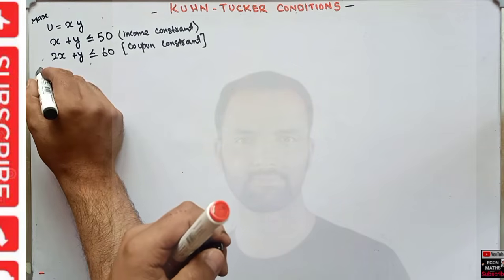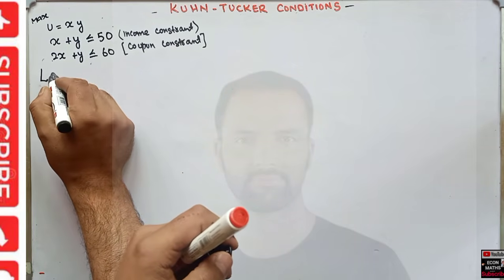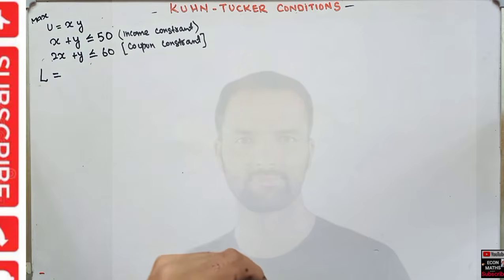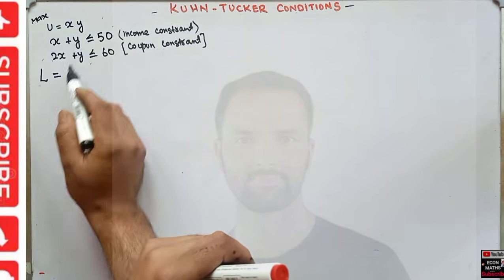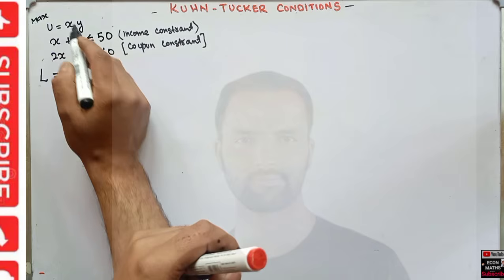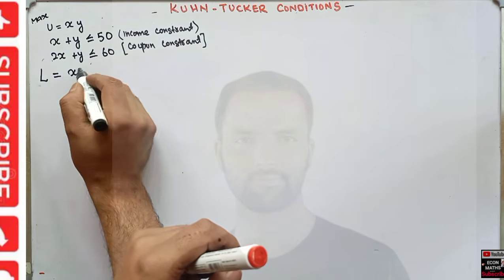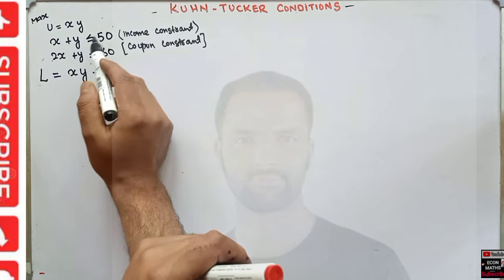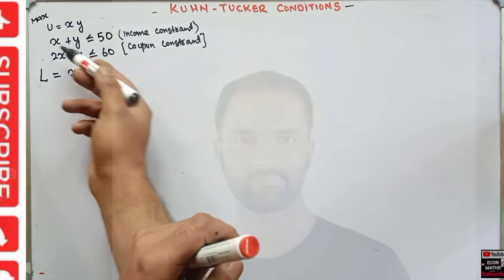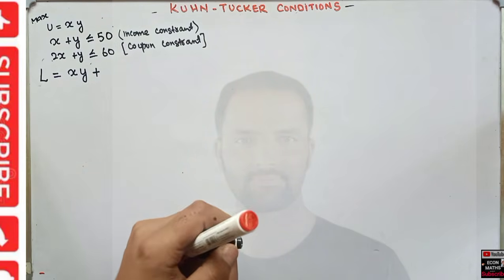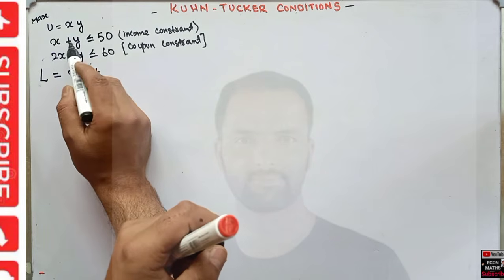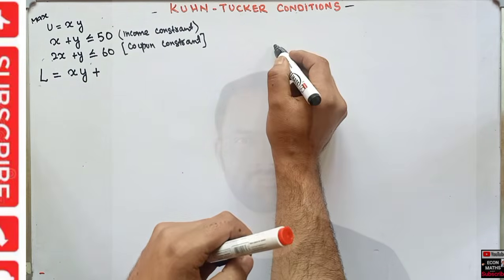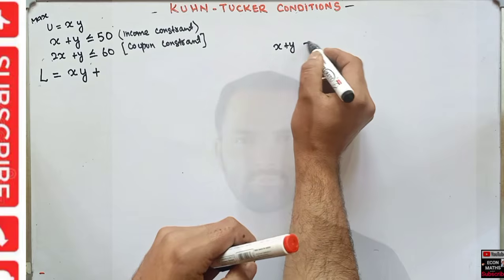Let us say L denotes our Lagrange's function, which is equal to the objective function, that is xy, plus. To make more sense of how we form the Lagrange method, if we have x plus y is equal to 50, I will write here, x plus y is equal to 50.